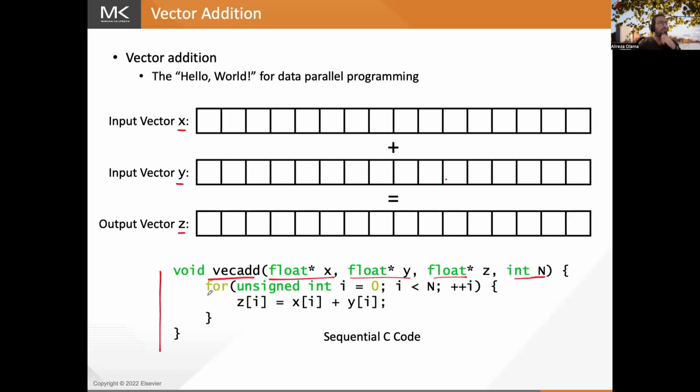Then we write a for loop and just add these elements. So this is done sequentially. We go through each element of these arrays, perform the sum operation, and then go to the next element. This is how you write sequential code.